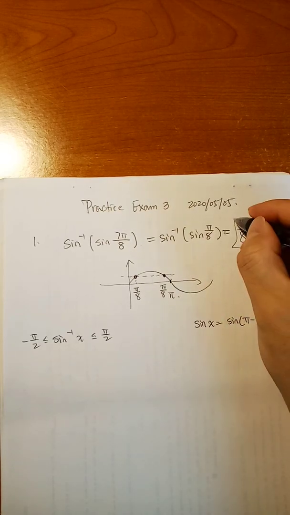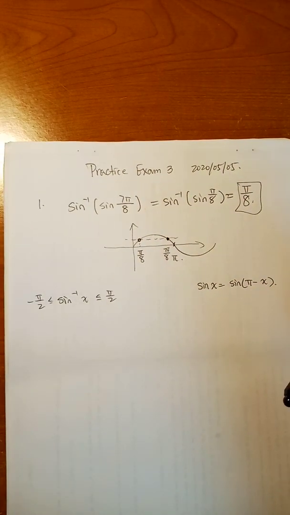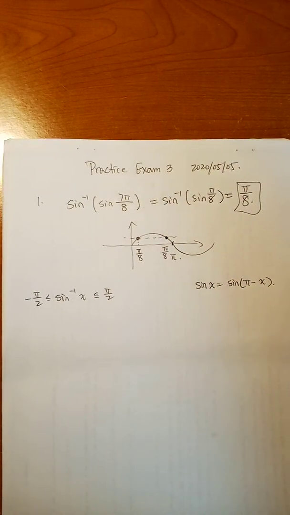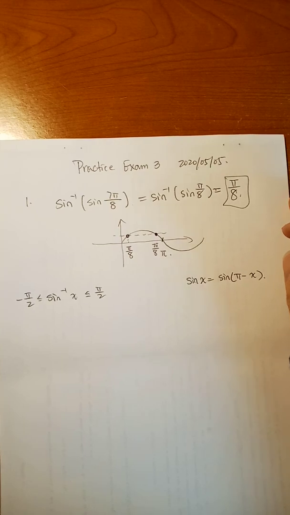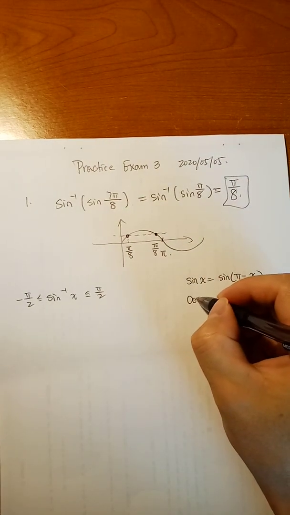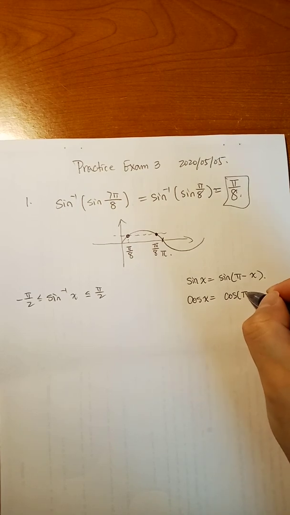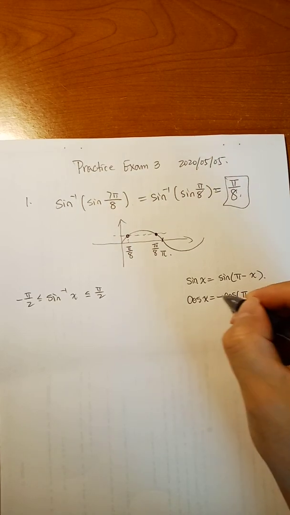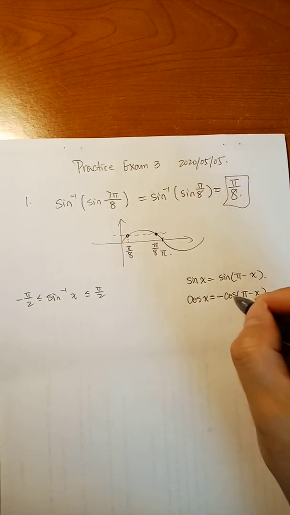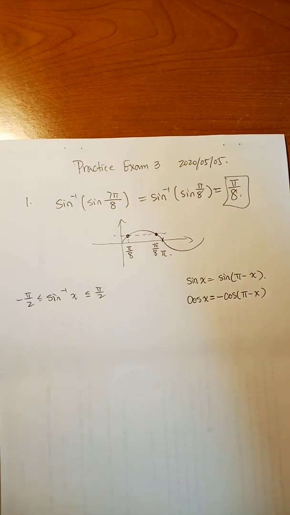Pi over 8 is the answer. You use sine x equals sine of pi minus x. And important: cosine x and cosine of pi minus x are not equal. Cosine x is negative cosine of pi minus x. These two formulas are very important.